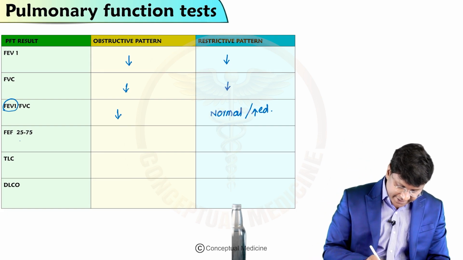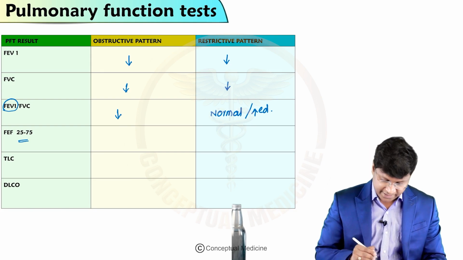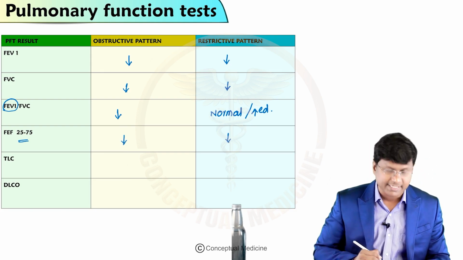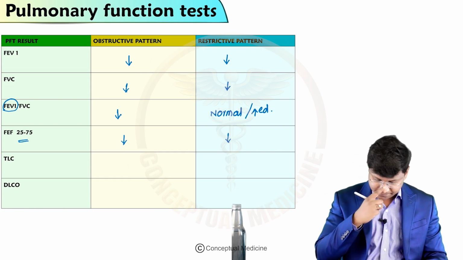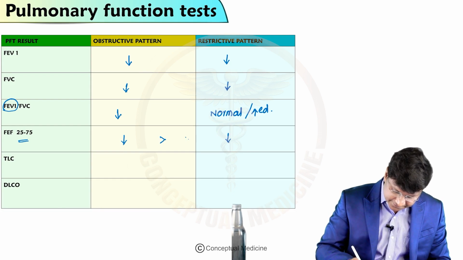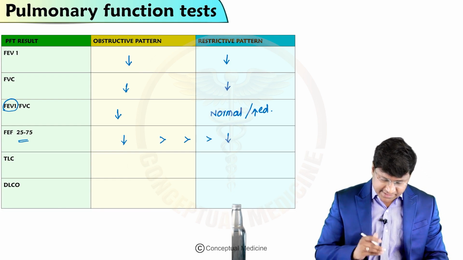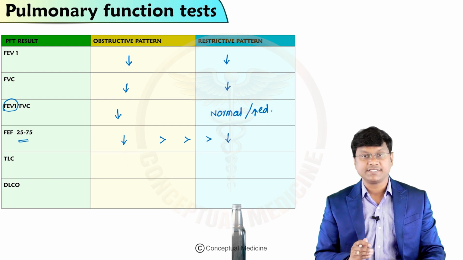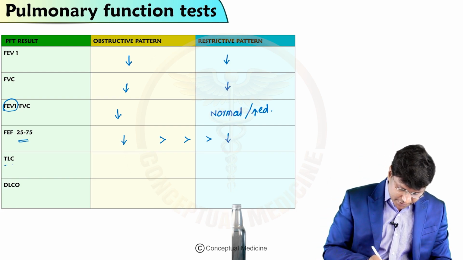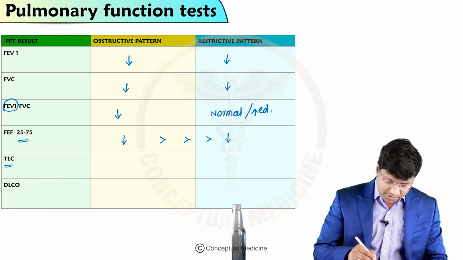Then forced mid-expiratory flow rate. This is also reduced in obstructive lung diseases as well as restrictive lung diseases. But it is more sensitive in obstructive lung diseases than restrictive lung diseases. Then coming to your total lung capacity.